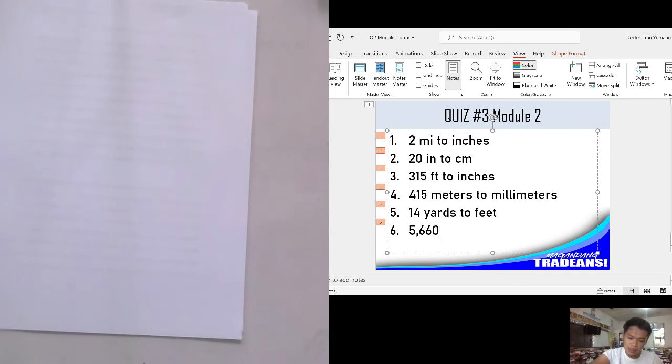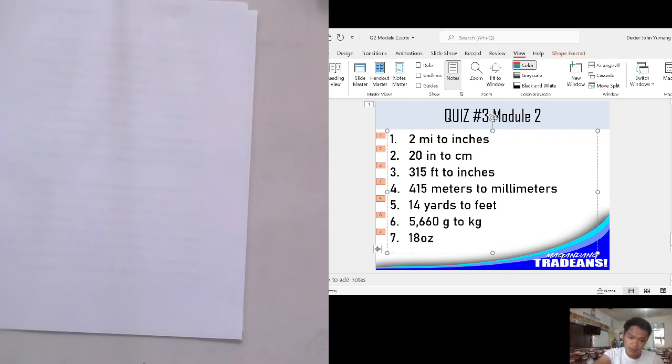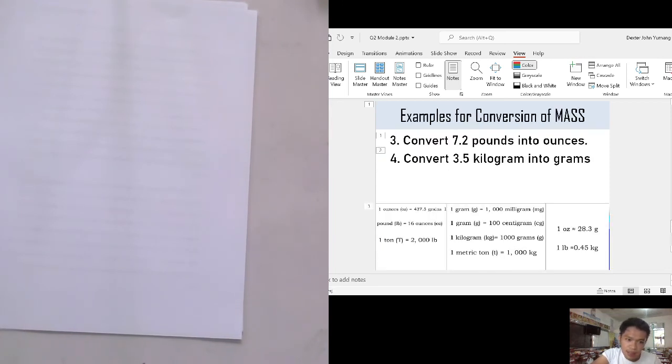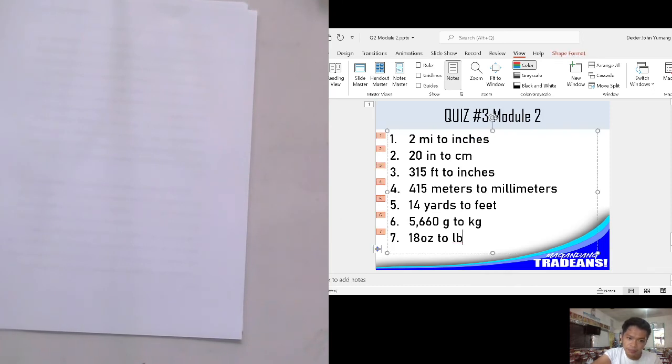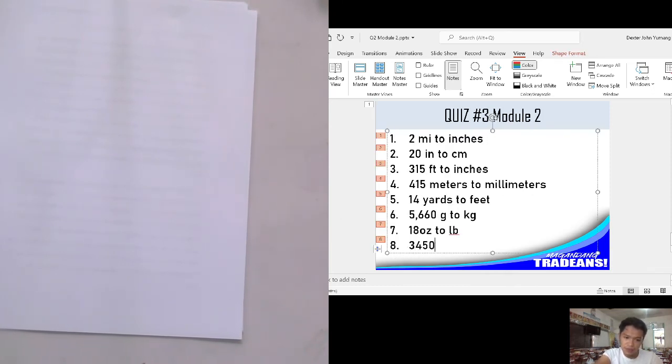Next, for number 6, 5,660 grams to kilograms. Next, number 7, 18 ounces to kilograms. Pounds na lang, pounds. LB. Next, another example is number 8, 3,450 kilograms to ton.